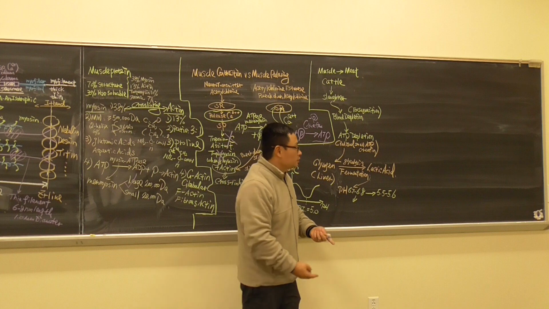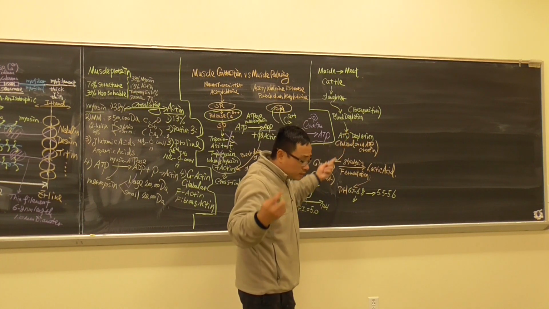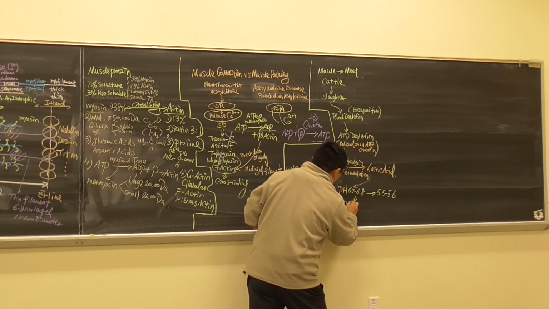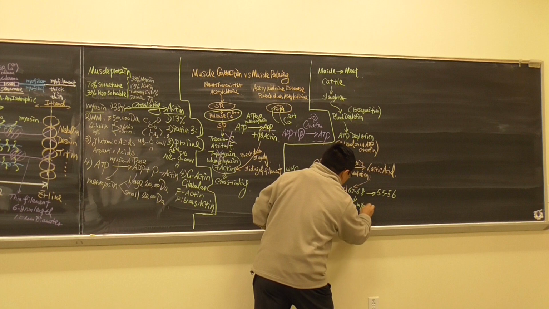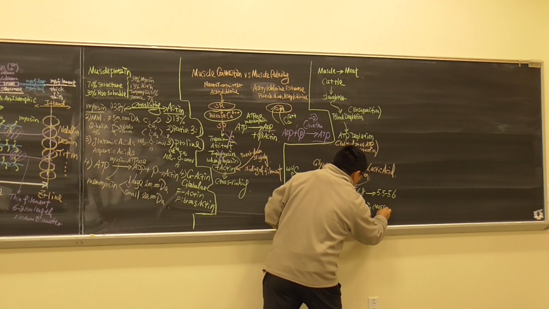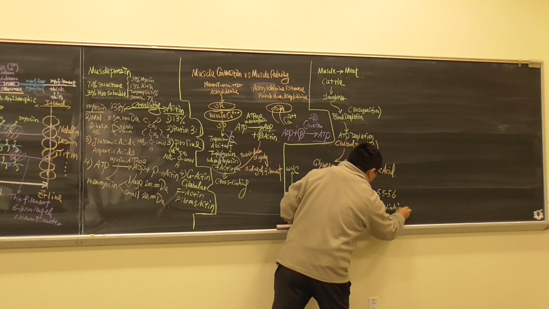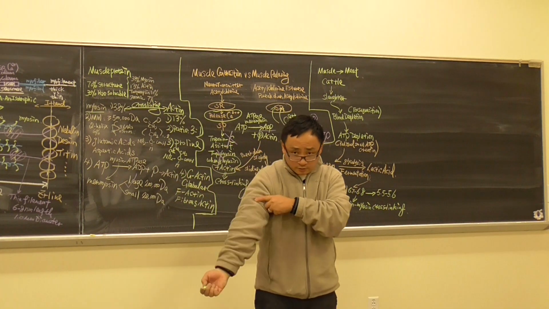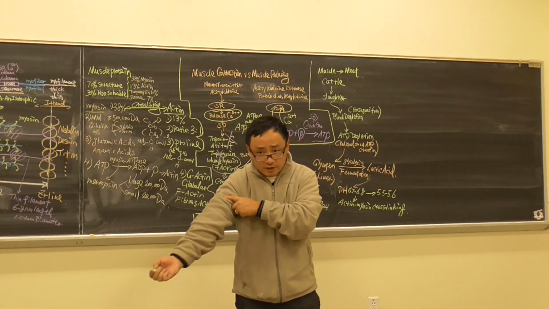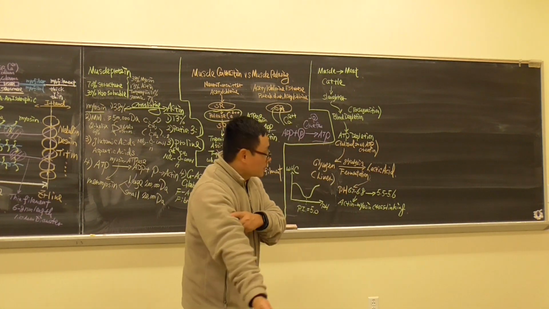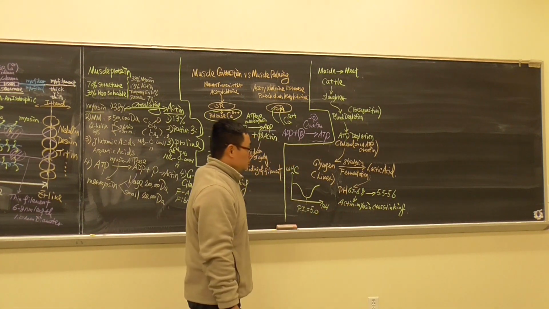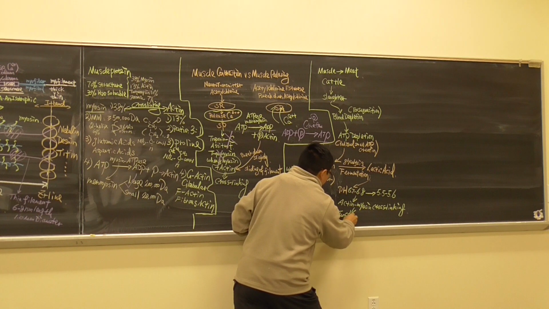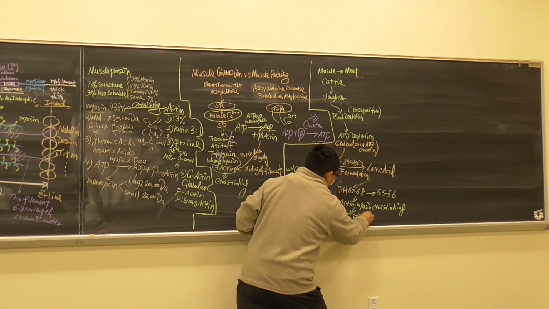ATP is already depleted, or almost none. Actin-myosin cross-linking will be generated, because for the actin and myosin to break down, to do contraction and relaxing, you need ATP to regenerate. What will happen? A tough, stiff muscle.